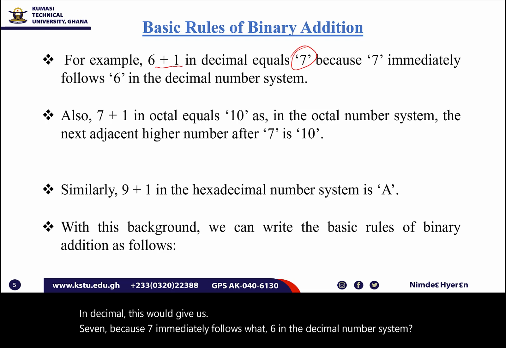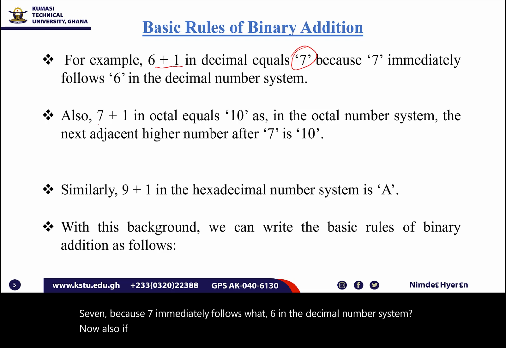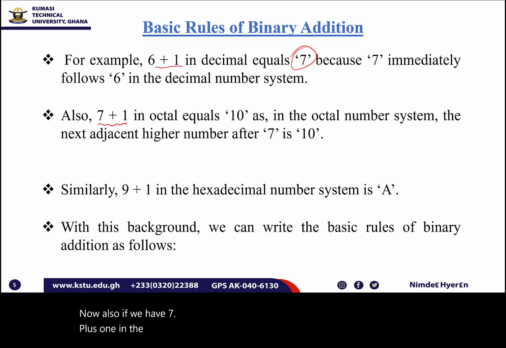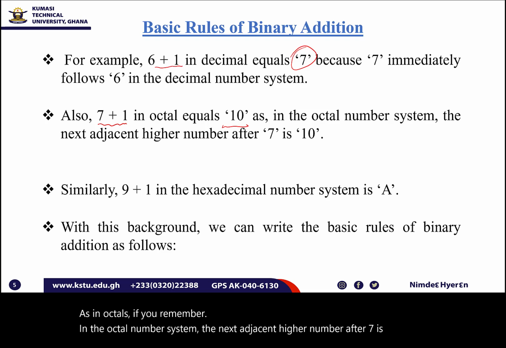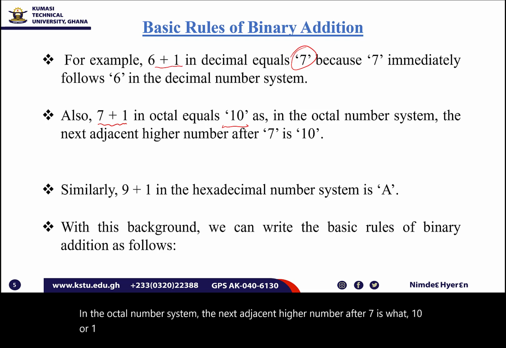Now, also, if we have 7 plus 1 in the octal, this will give us 10. As in octal, if you remember, the next adjacent higher number after 7 is what? 10.